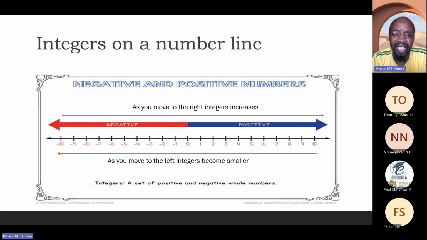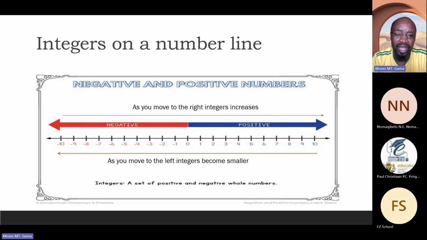Now, one thing that I wish to stress or to point out is the fact that as we start from the right, moving to the left, the numbers are becoming smaller and smaller. Folks, I want to repeat this again. It is very important. Please capture this.